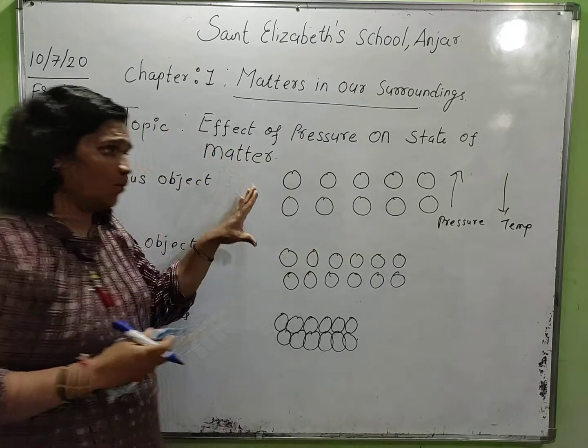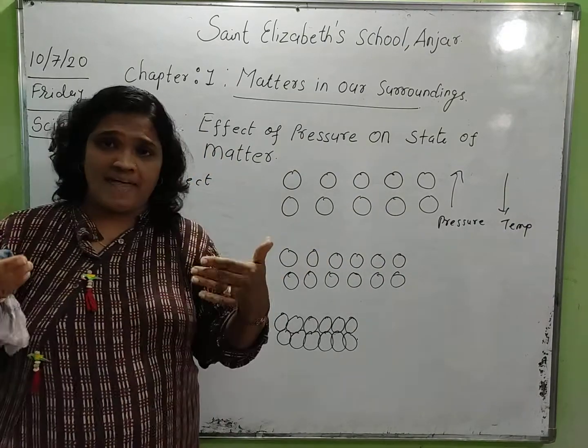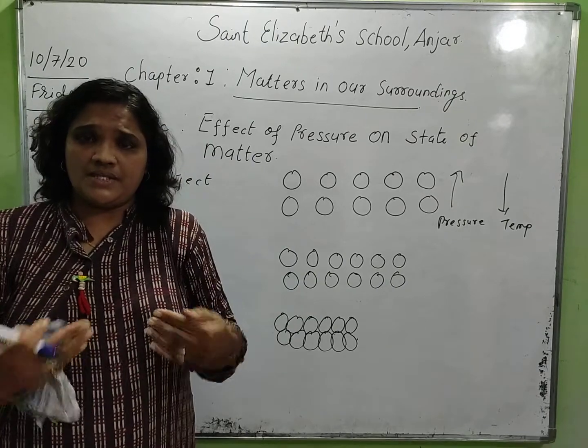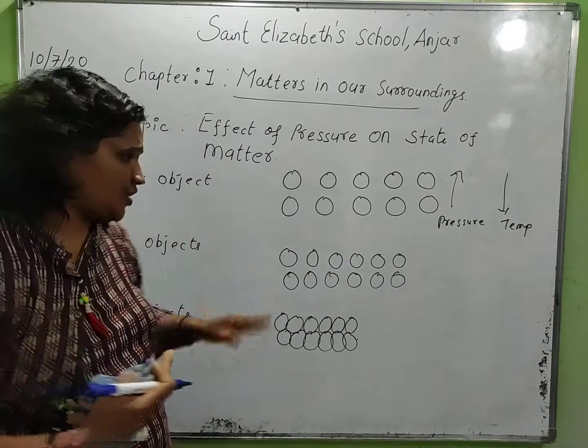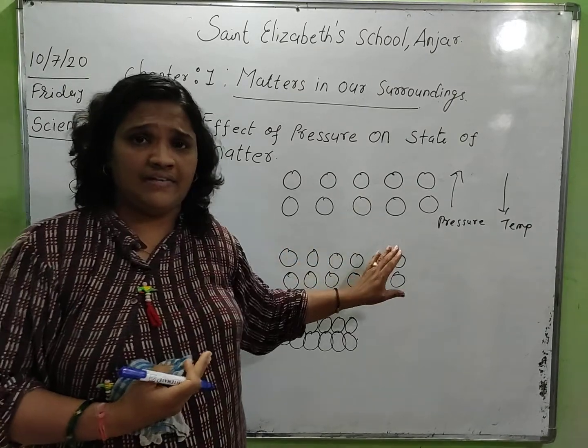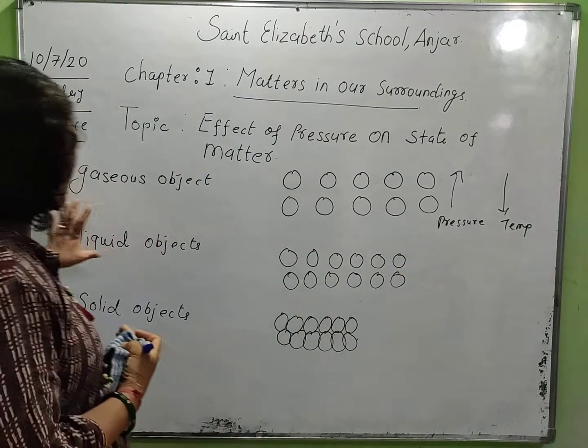When you do so, what happens? The gap of intermolecular space reduces. When it reduces and you also decrease the temperature, the molecules come near to each other, and at that level they start flowing, which we call a liquid.